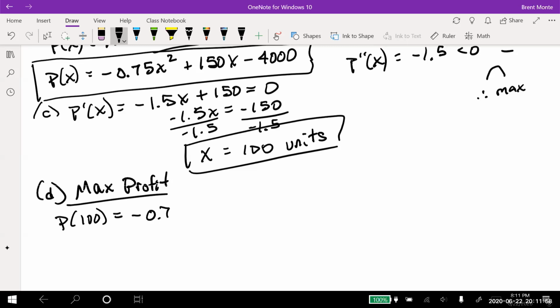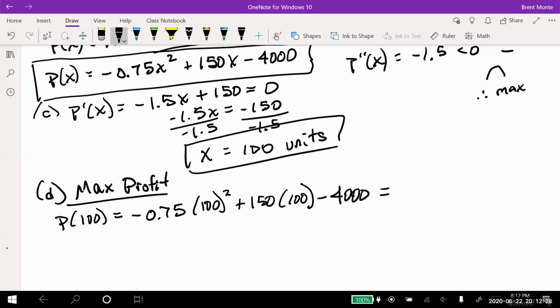Negative 0.75 times 100 squared plus 150 times 100 minus 4,000. And we'll plug that into the calculator. Negative 0.75 times 100 squared plus 150 times 100 minus 4,000.